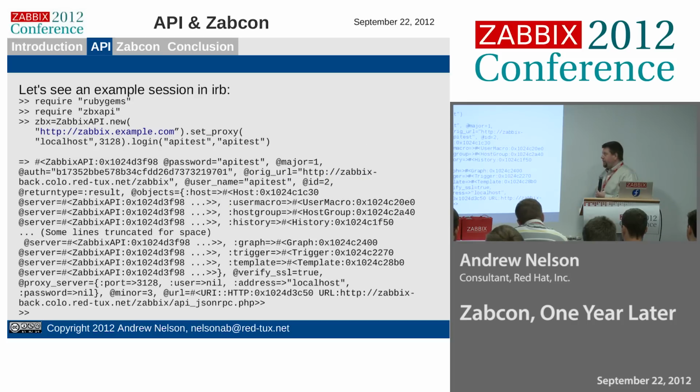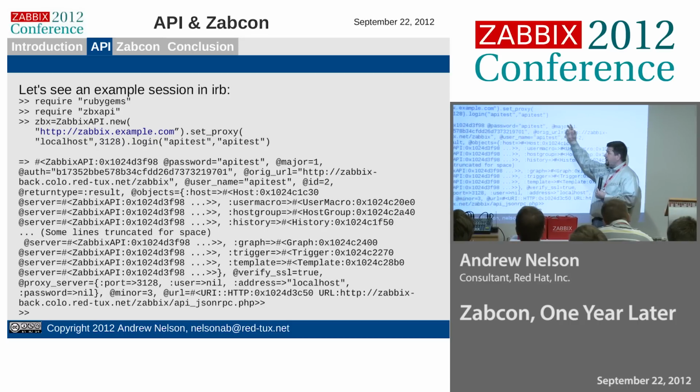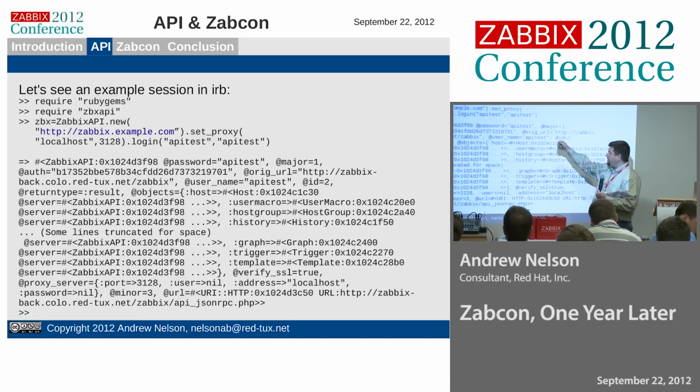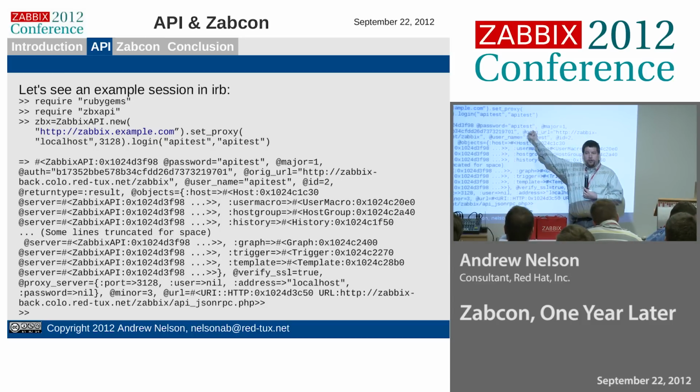So if we were to load up IRB, the interactive Ruby program, and basically run it, we can create an interface. So we instantiate a ZBX variable. We tell it to contact our Zabbix server here. Then I'm going to call the set proxy method on top of that and set the proxy that I'm going to talk to.